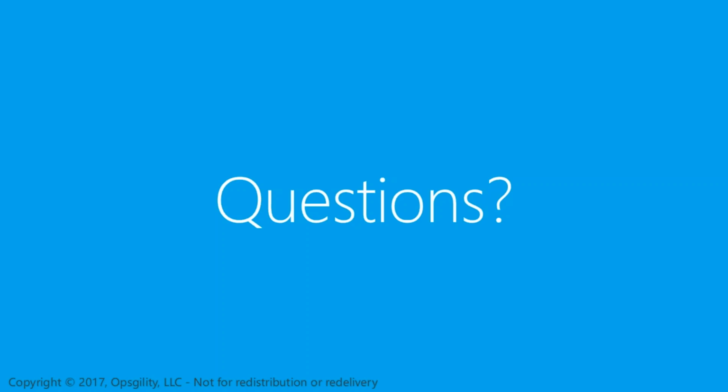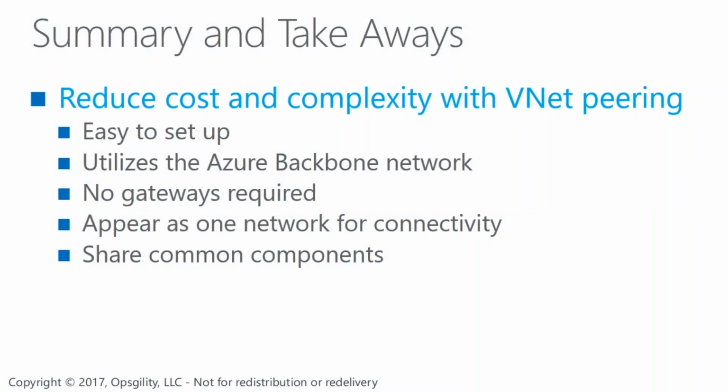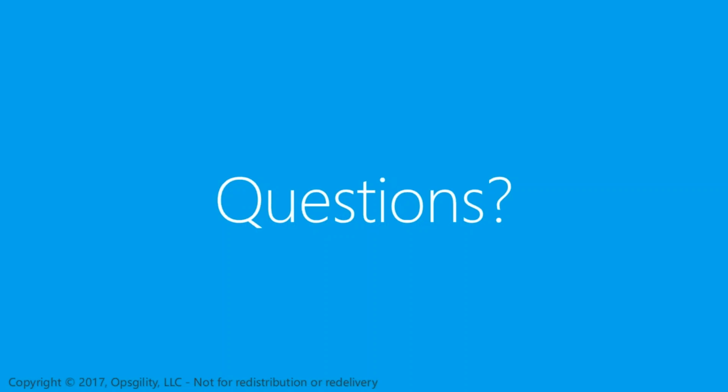Okay, and one last question. Which peering suits small scale applications? Not sure I understand that question, but I think peering is a great scenario for connecting VNets in the same region, regardless of the size of your company.